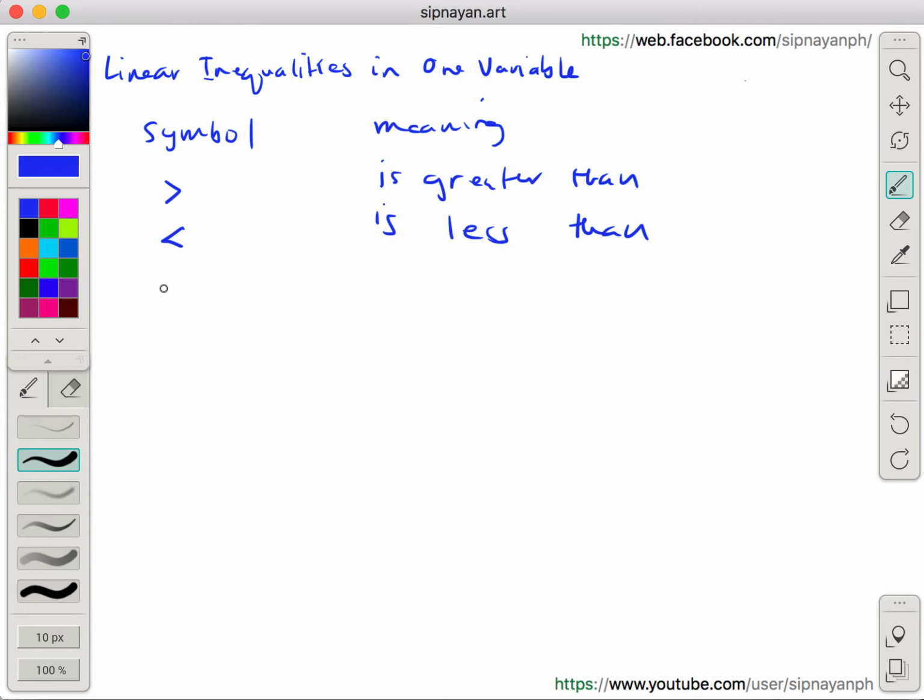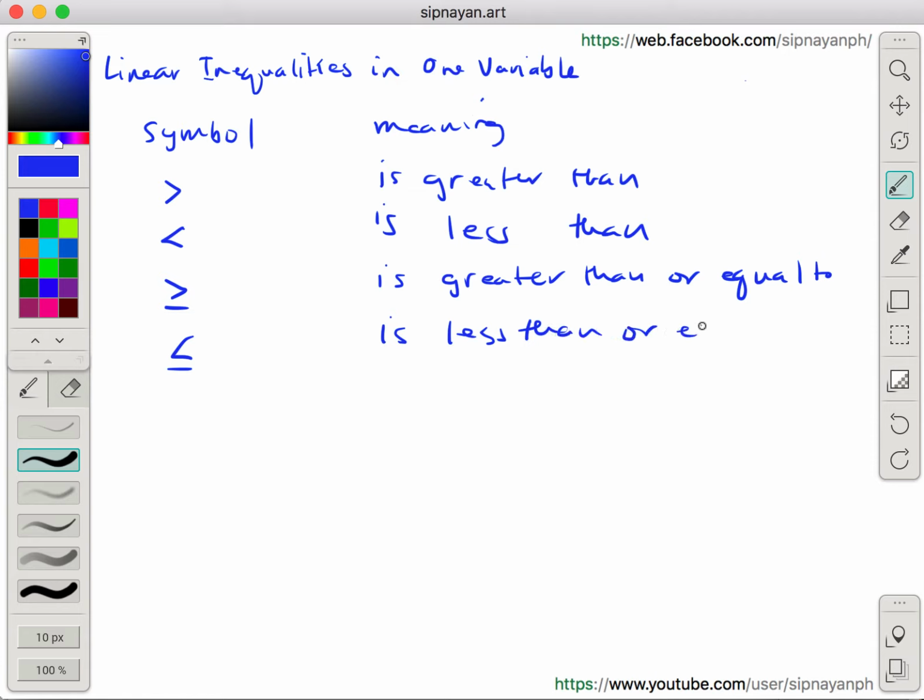At syempre yung combination na greater than or equal to, and is less than or equal to.